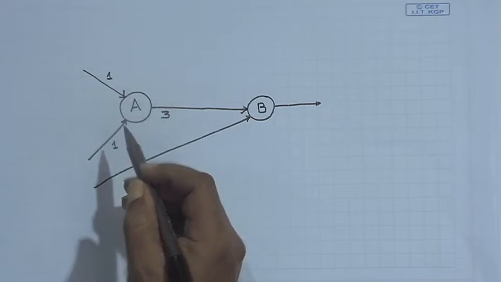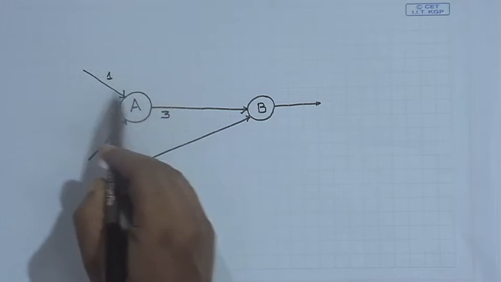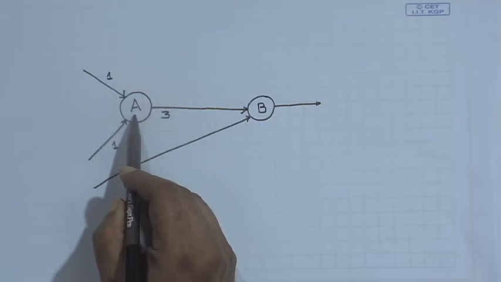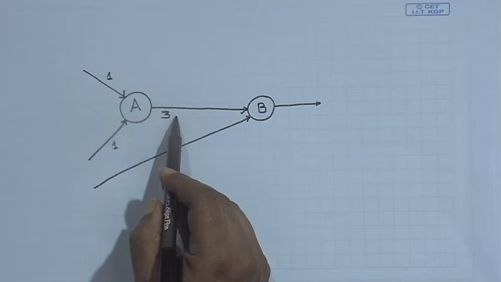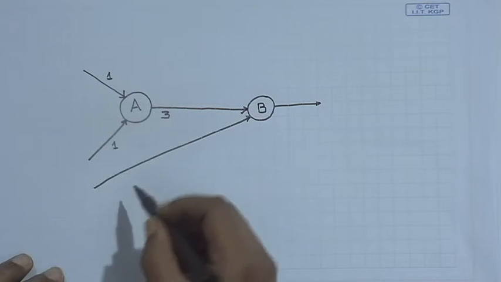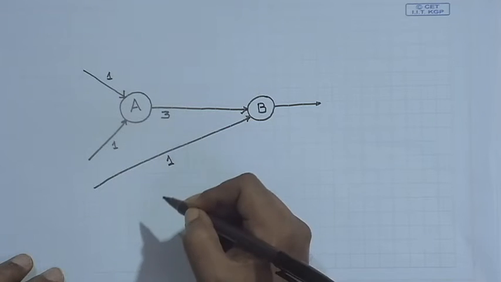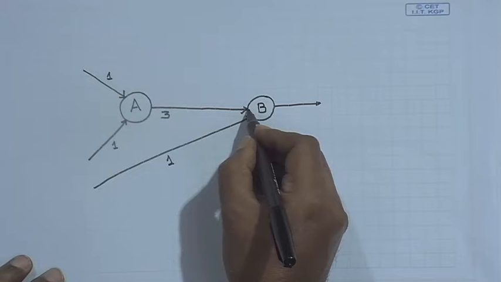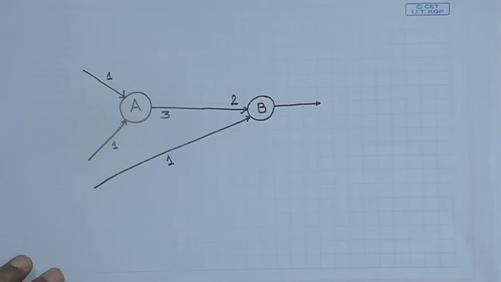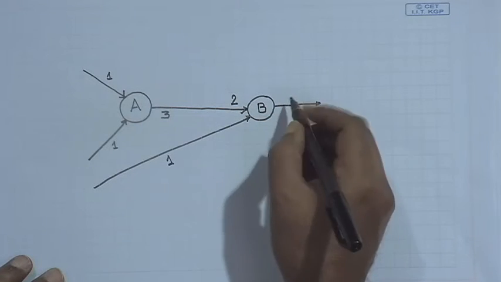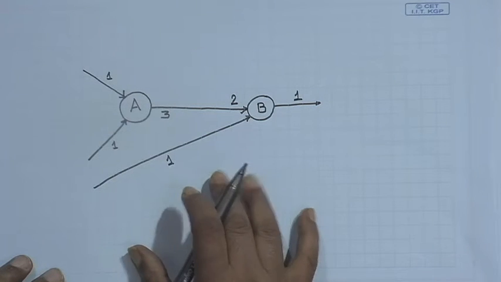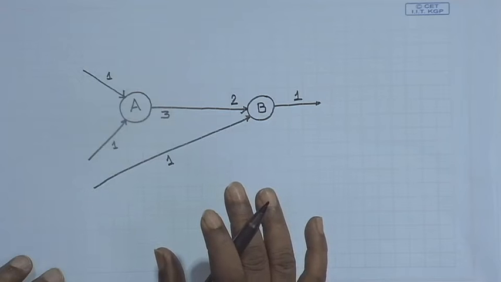That means if this one fires, this is a multiplier, it will generate 3 tokens, whereas this is 1, and this one consumes 2 tokens and it produces 1 token. This is a non-homogeneous scenario, right.